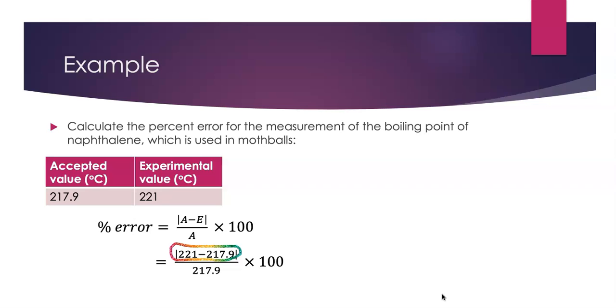So we're going to go ahead and complete this. So 221 minus 217.9, that'll give me a numerator, and I divide by the accepted value. So I get 3.1 divided by 217.9. But I had to be careful here. My calculator gave me 3.1. But I know that for that subtraction, 221, my experimental value, that estimated digit's in the ones place.